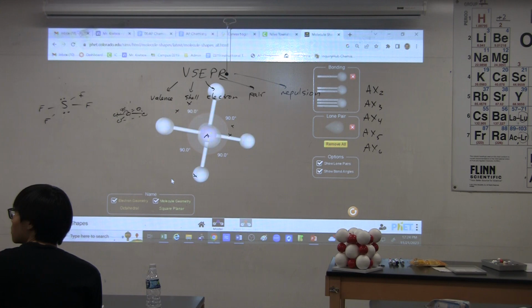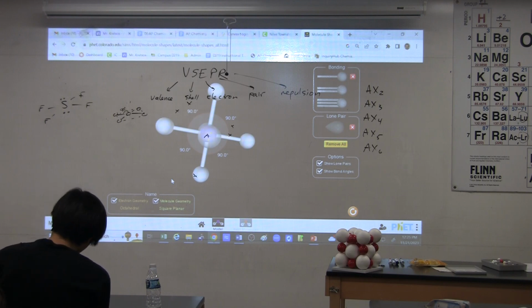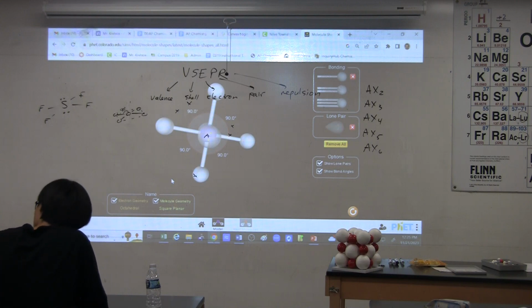AX2E2, bent. Oh, we didn't put the angle on the bend here, did we? Oh, we already knew it was 109. AX5, trigonal bipyramidal. AX4E1, seesaw. AX3E2, T-shaped. AX2E3, linear. The black ones are lone pairs.